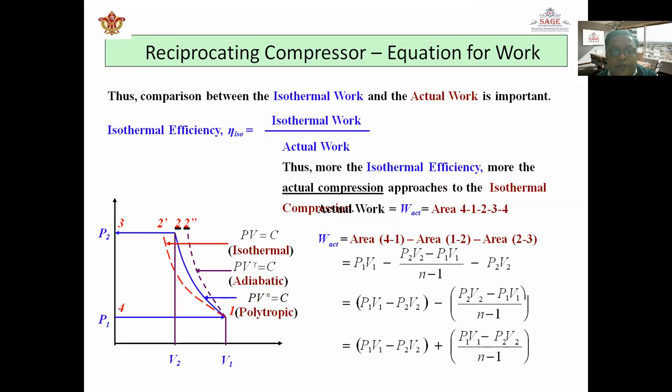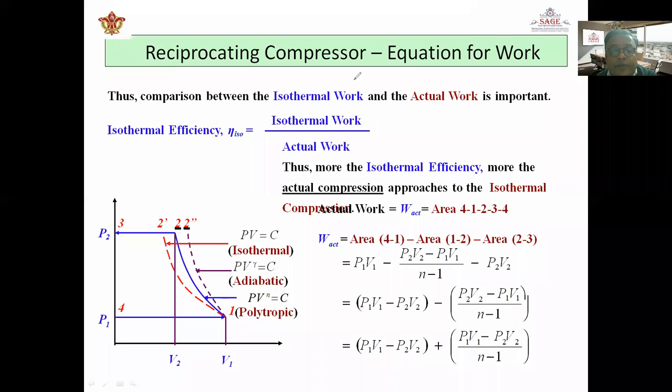This is the diagram where the isothermal efficiency is depicted, because isothermal compression requires the minimum work, whereas the actual work done is what is important, and it depends on the type of condition. The isothermal efficiency is described in this figure.